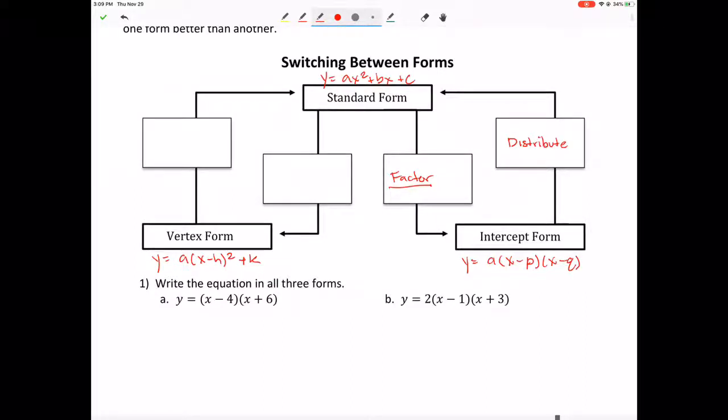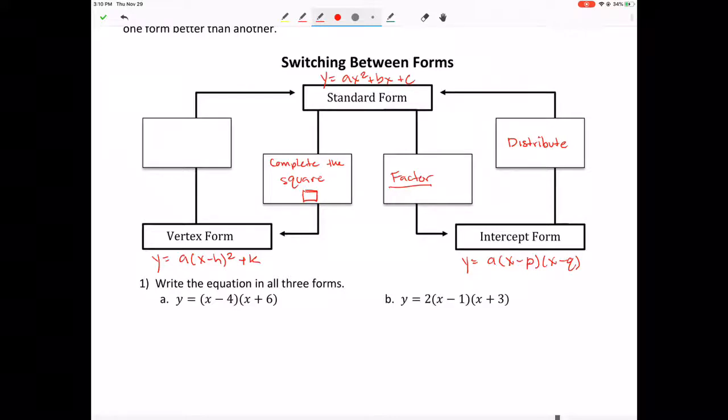If we have a problem in intercept form and we want to switch it to standard form, we distribute. Okay. If we have an equation in standard form and we want to switch it to vertex form, we complete the square. Okay.